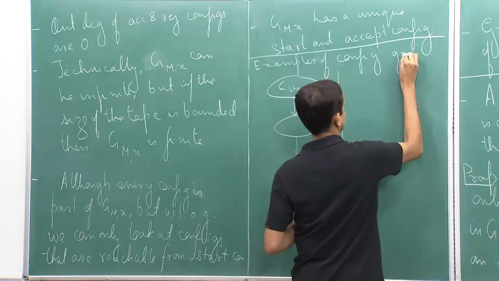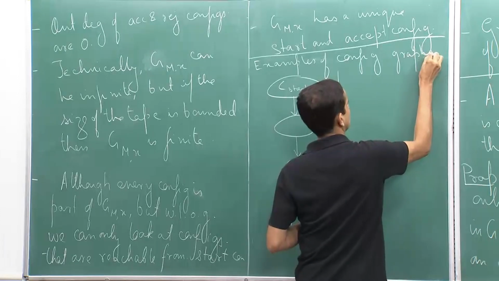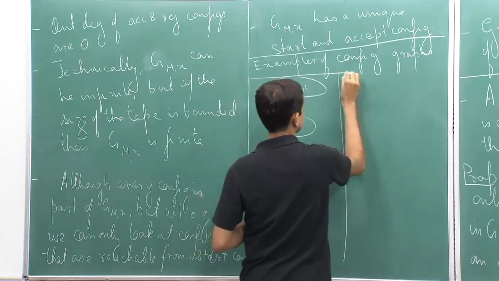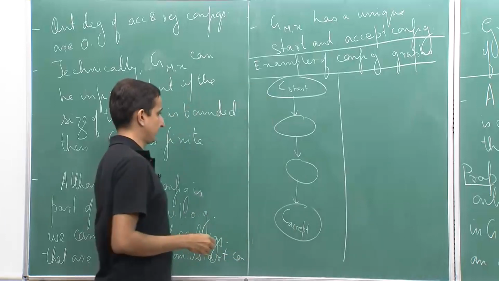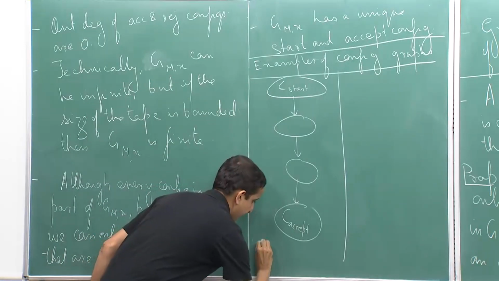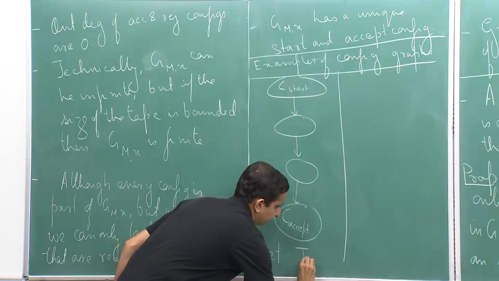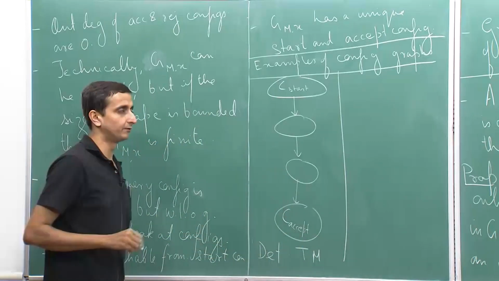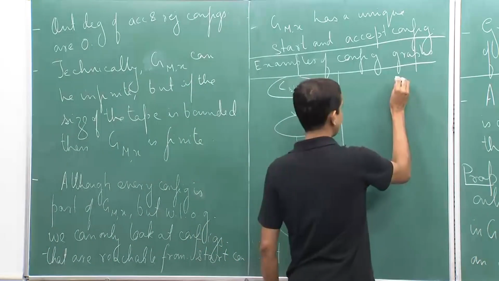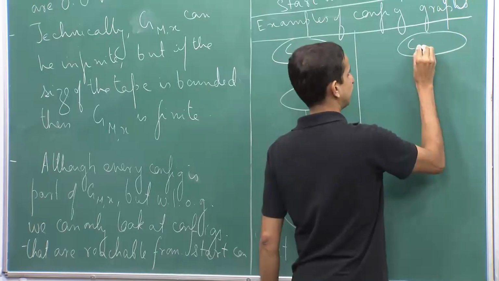Examples of configuration graphs. Okay. So, this is for a deterministic Turing machine.